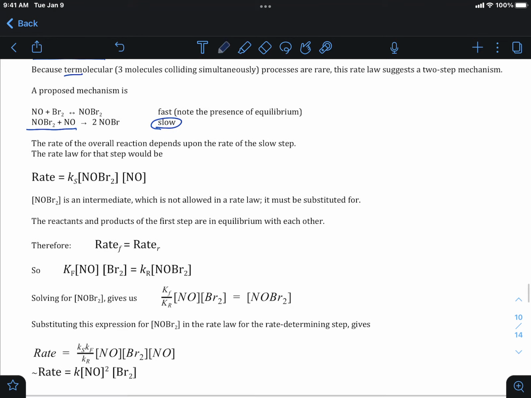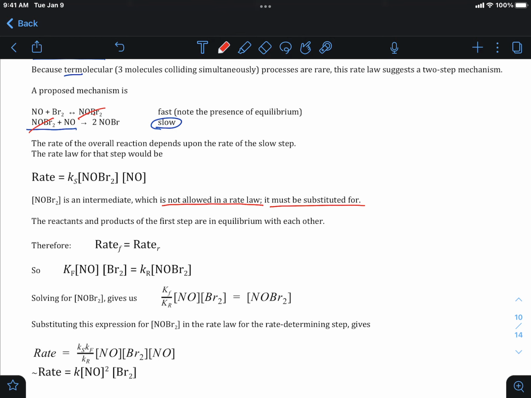So here's the problem. NOBr2 is an intermediate. Okay? Intermediates are not allowed in the rate law, so it must be substituted for.